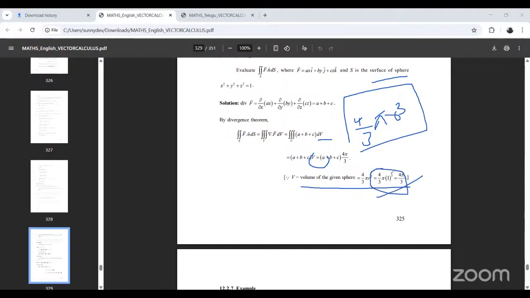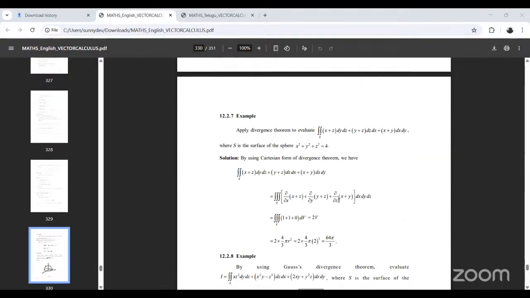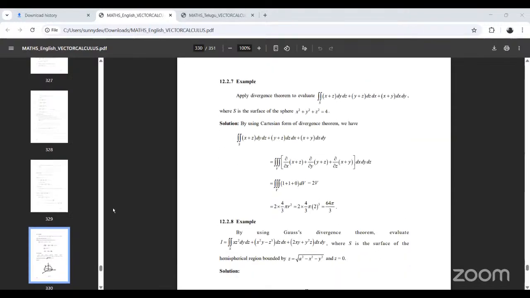Now you got it. We apply the theorem to evaluate the given integral over x square plus y square plus z square equals 1.